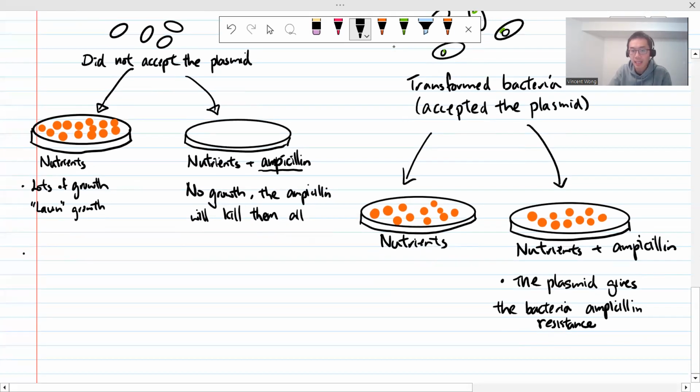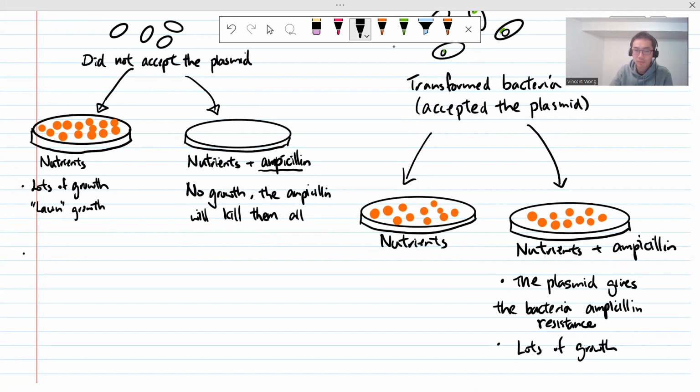The ampicillin is not going to stop them. Lots of growth. Is that okay? All right.